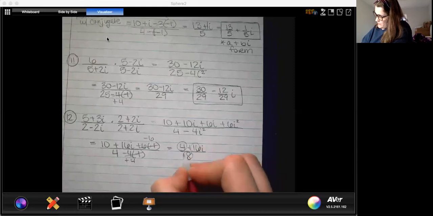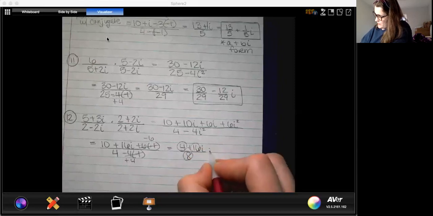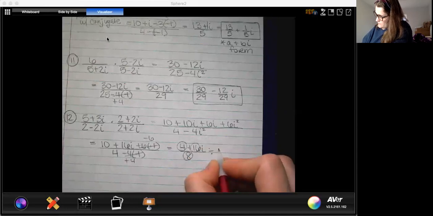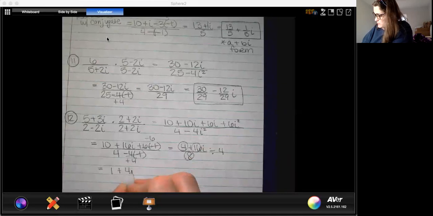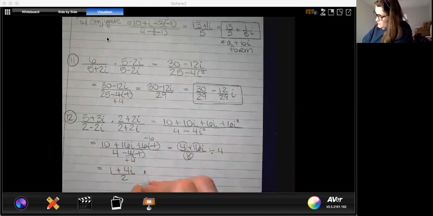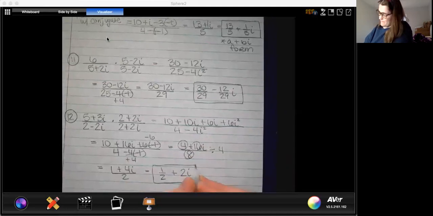These each simplify. Divide by 4. So I have 1 plus 4i over 2, which would leave me with 1/2 plus 2i. For number 12, we'd get 1/2 plus 2i.